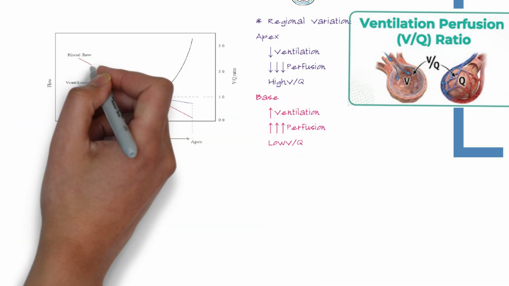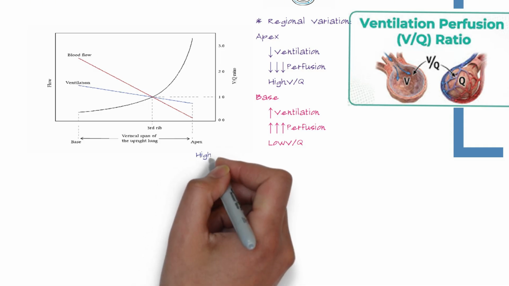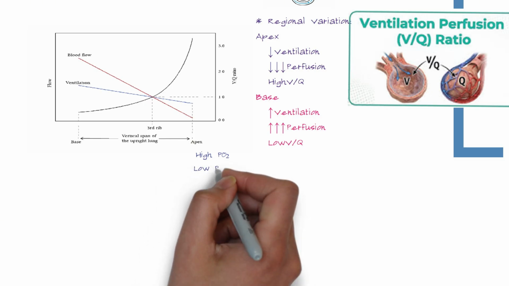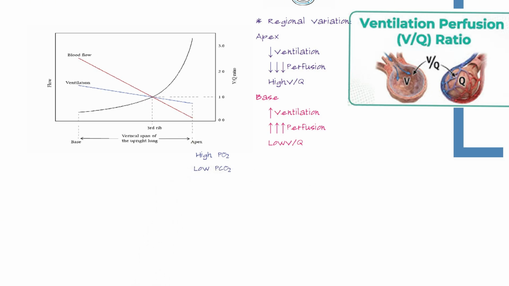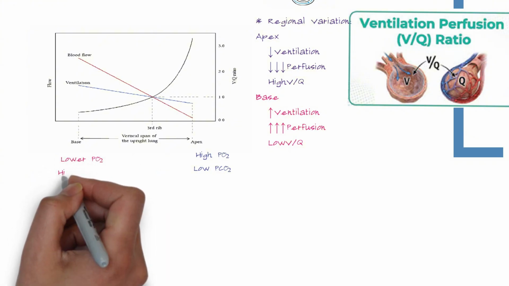So the alveoli in the base are smaller than the apex, so they are more able to expand during inspiration. So it's also important to match the ventilation and perfusion.